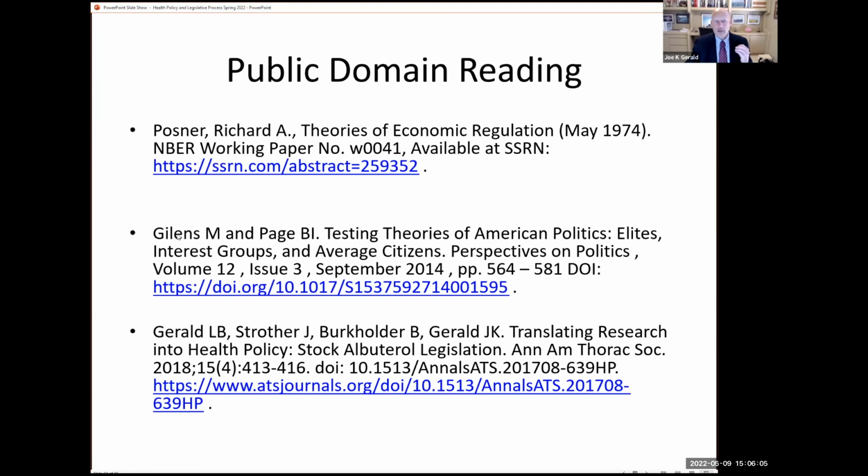I've also provided you this article by Martin Gilens, which describes the voting preferences and patterns in the United States two-party political system, economic elite domination, biased pluralism. All of that came from here. It's a great article. He also has a book that's very interesting if you want to get something like that.